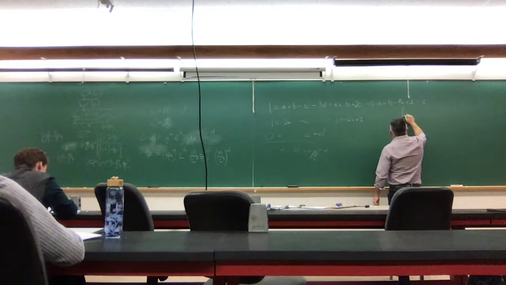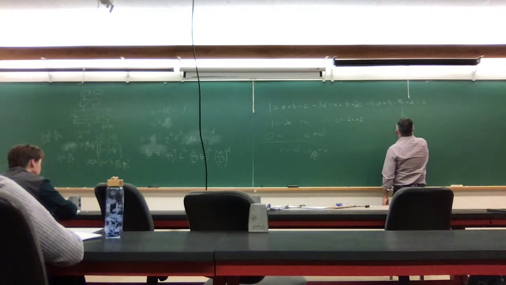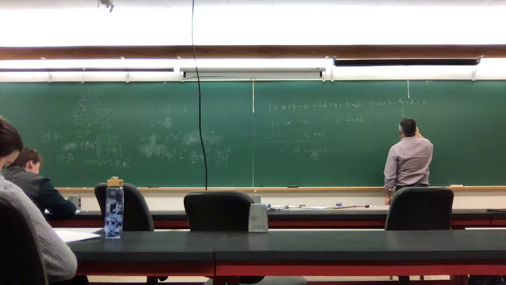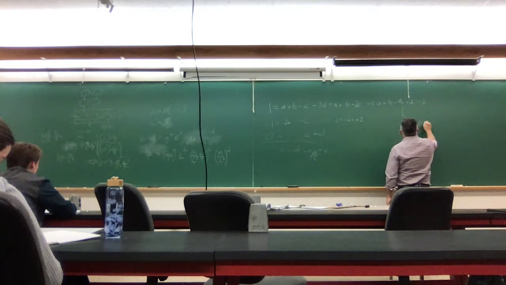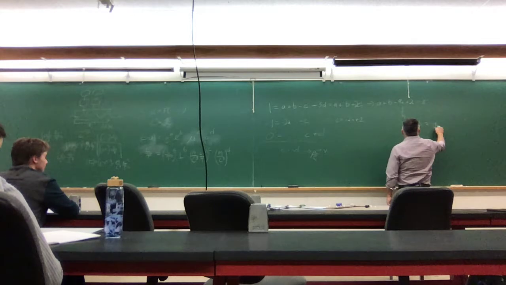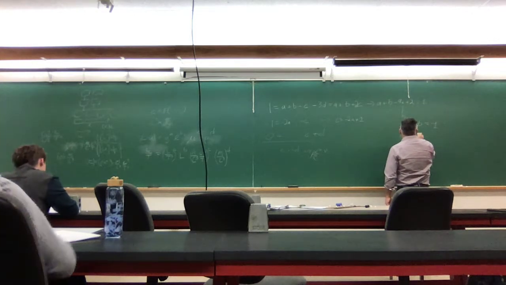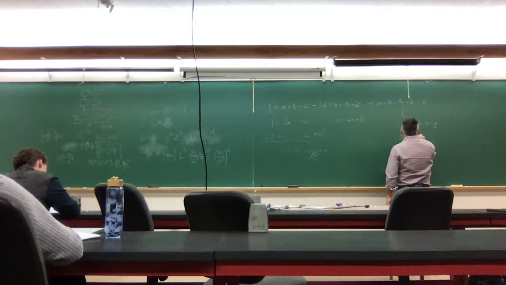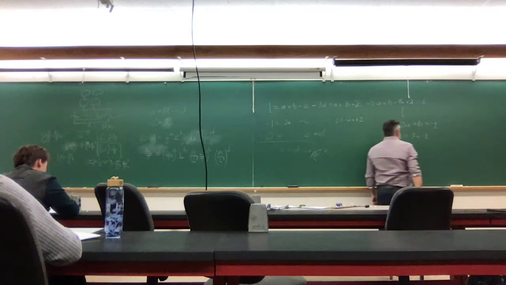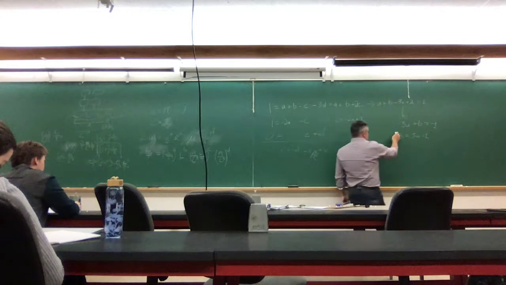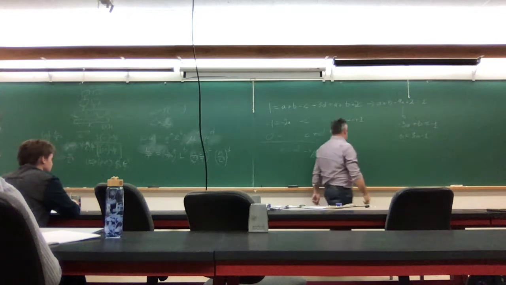So minus 3A plus B equals minus 1, or B equals 3A. Alright, so we've got a relationship between B and A that's important.